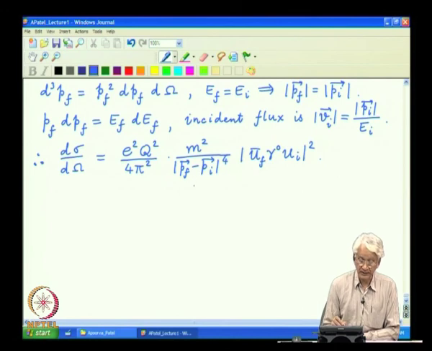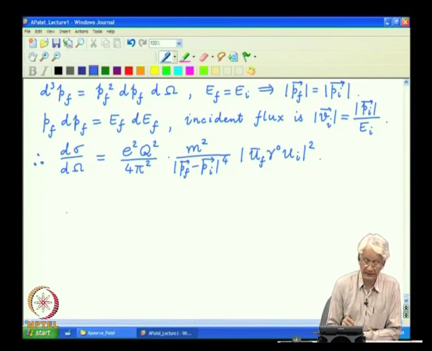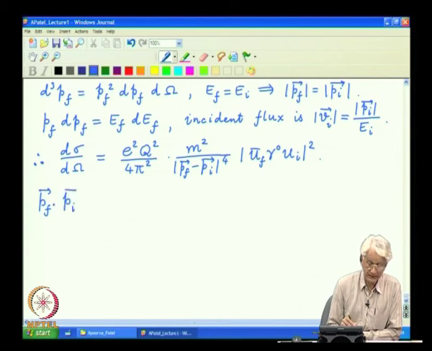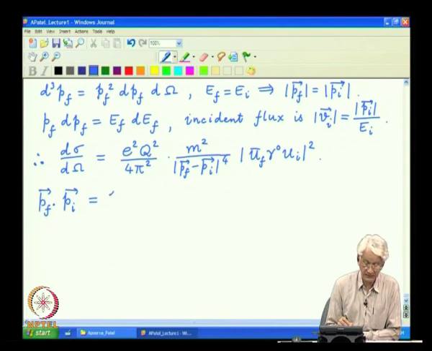and one can still look at what is the expression for this P f and P I rather straightforwardly, and that is one can write P f dotted with P I in terms of the angular variables.